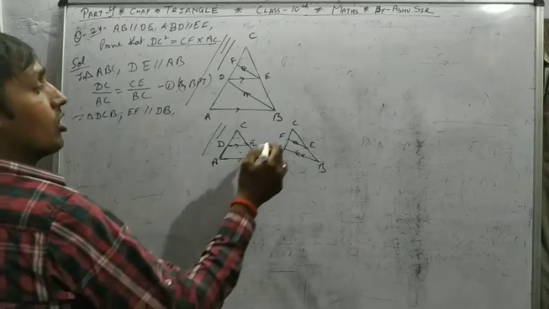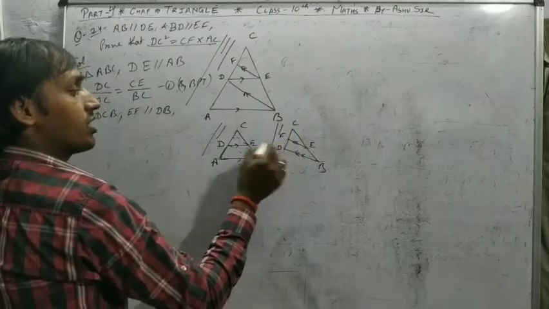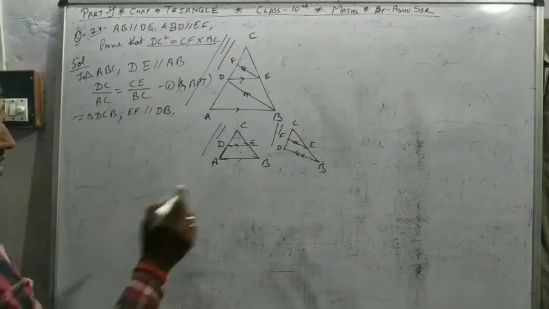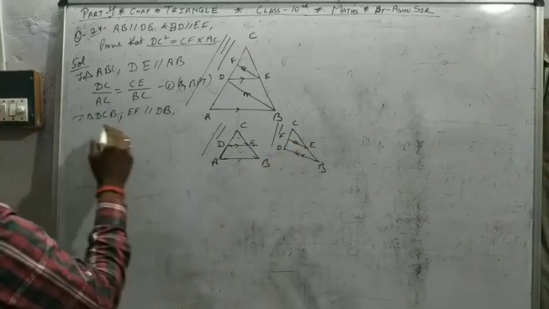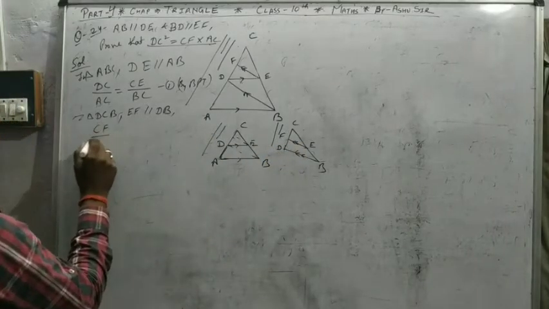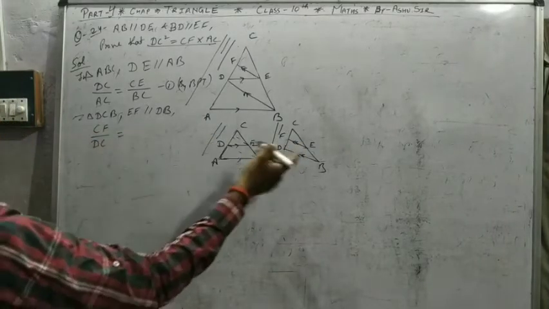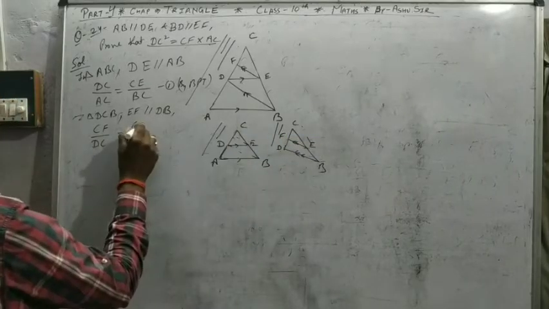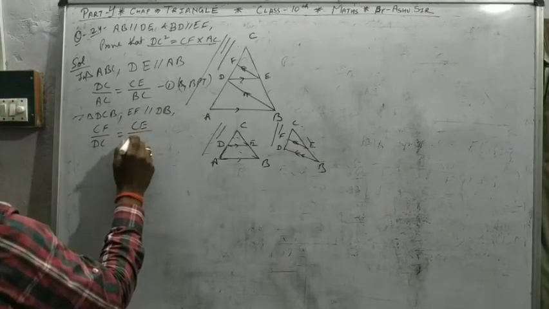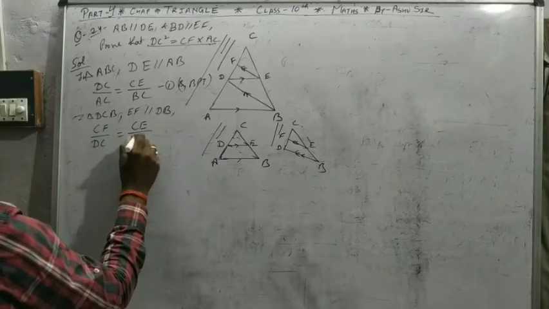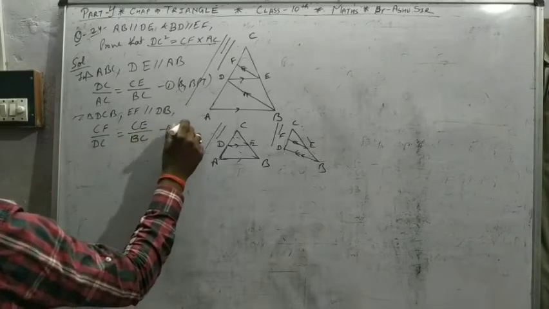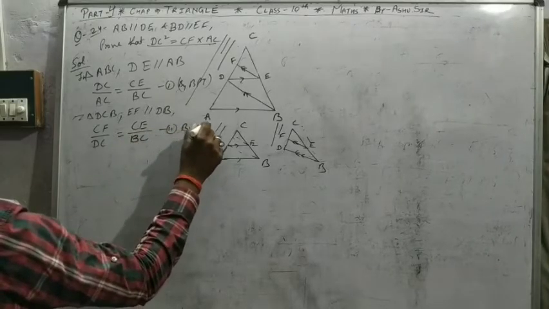Same, we want CF and DC. CF and DC, first part upon whole part. Other side CE upon BC by BPT.